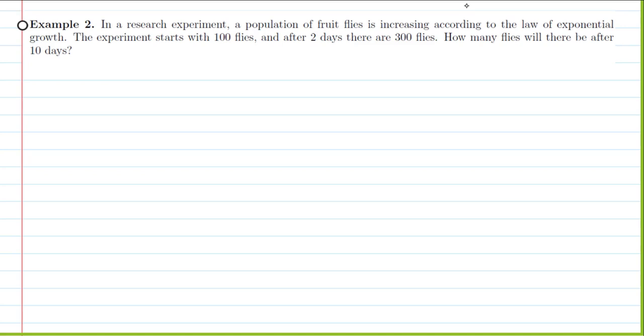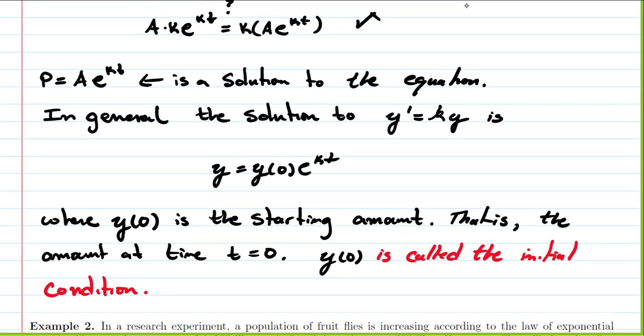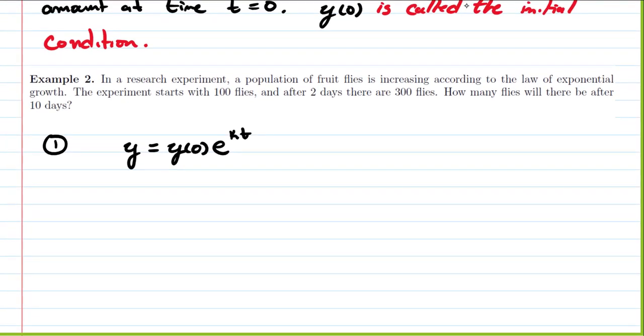Okay, so we are going to start with our solution to our differential equation, which is y equals y of 0 times e to the kt. So going back, what was y of 0 again? y of 0 is the starting amount.